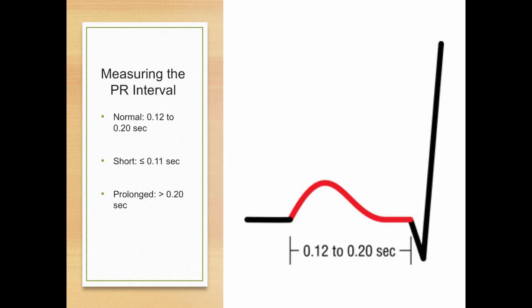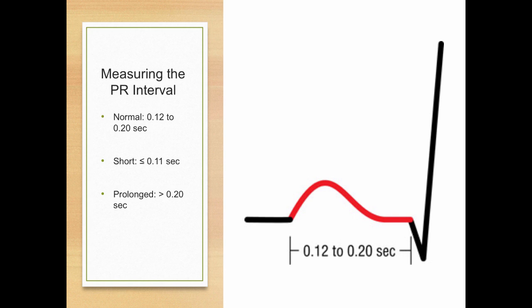Expanding now to our PR interval: a normal PR interval, from the beginning of the P wave to the beginning of the QRS complex, should be 0.12 to 0.20 seconds wide. We all know you went out and bought those calipers. We know you went to Amazon.com, typed in EKG calipers, hit buy, and they shipped to you in 2 days, and you have them now.